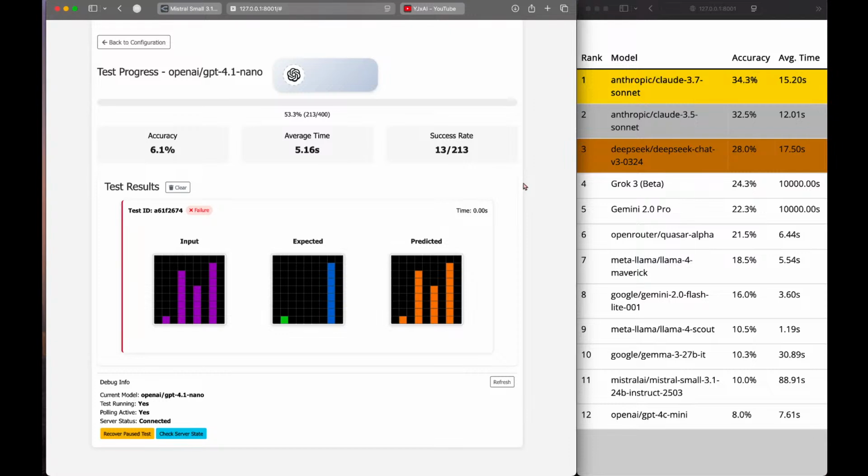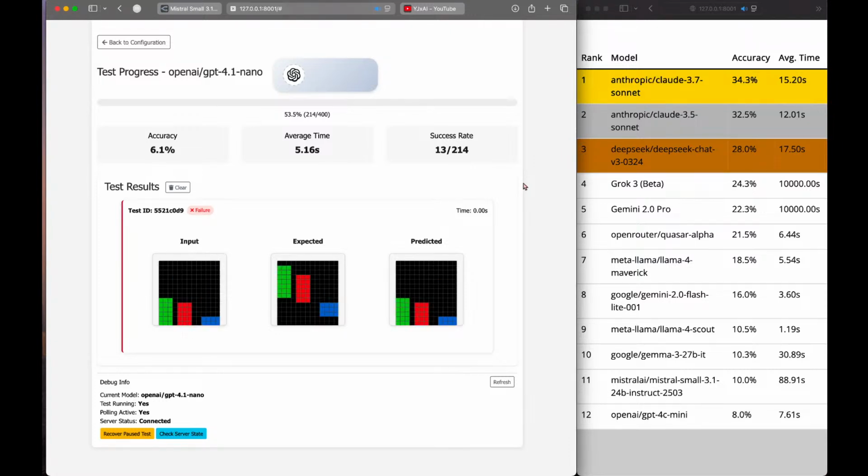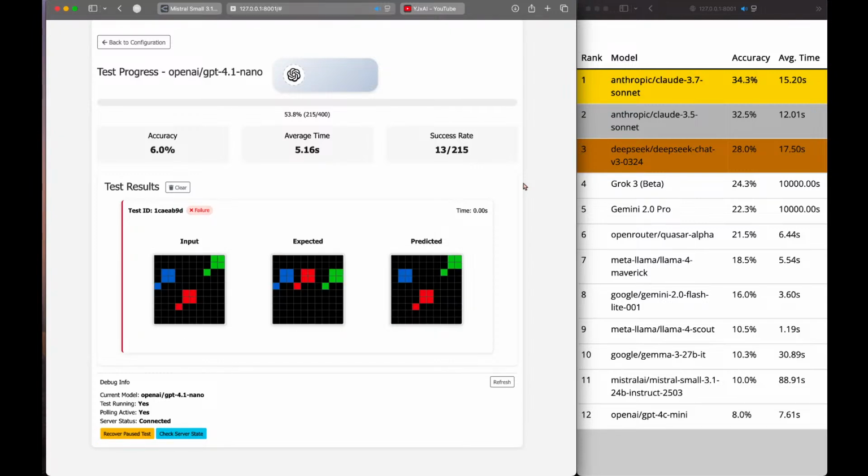Did you guys hear that GPT 4.5 is going away in a few months? They said in the live stream that we will not have GPT 4.5 in a few months. I think that's the reason they came up with the name GPT 4.1.